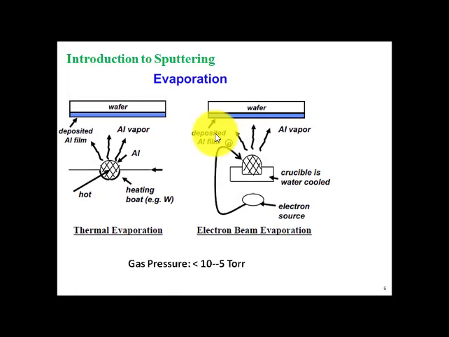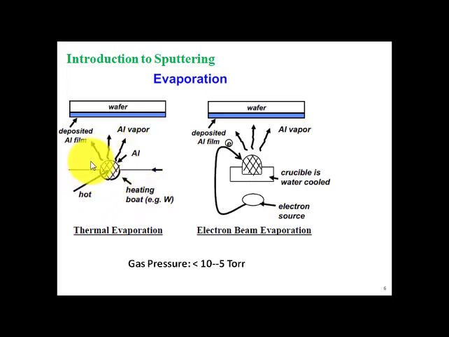Here is the picture showing two different kinds of evaporation methods. One is thermal evaporation and the second one is electron beam evaporation. In thermal evaporation, we can see this is a source material. We also call the source material a target material. This is aluminium, pure aluminium metal. We heat this aluminium in a heating boat.